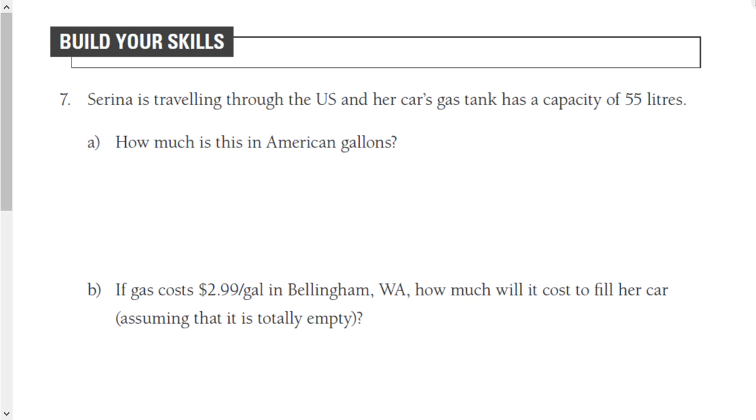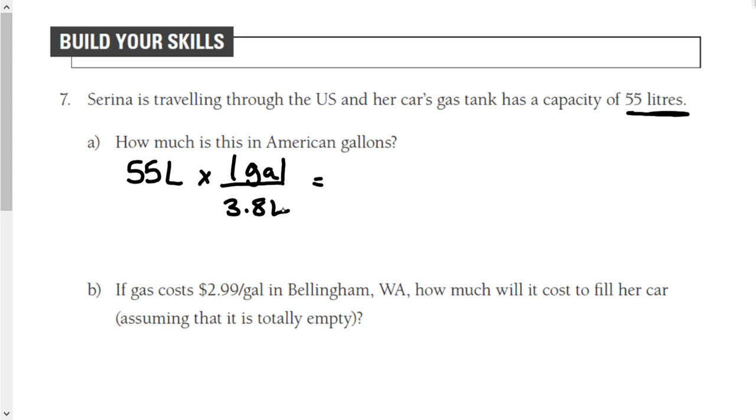Okay. Serena is traveling through the US and her car's gas tank has a capacity of 55 liters. How much is this in American gallons? So we have 55 liters times, in American gallons, we have 1 gallon is equal to 3.8 liters.